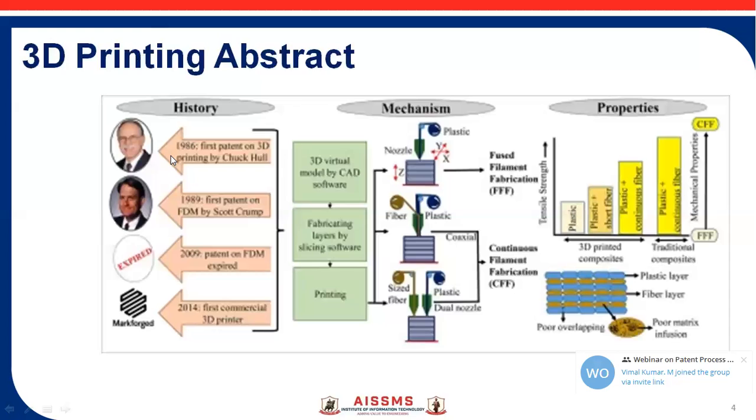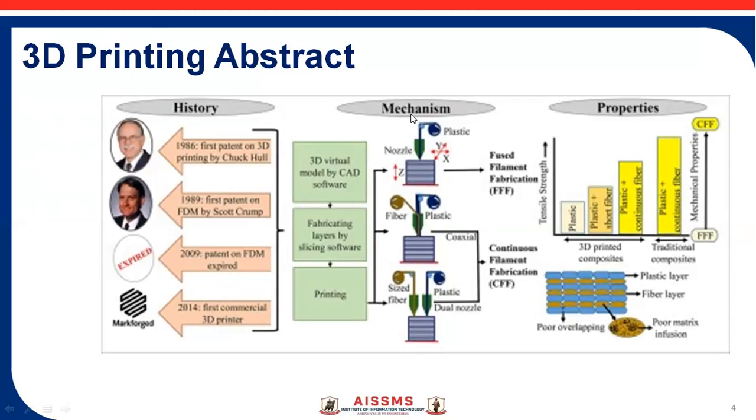This slide shows how the innovation was held in 3D printing technology. In 1986, the first patent of 3D printing was invented by Hull. Then in 1989, the first patent of FDM, fused deposition modeling, was filed by Scott Crump, and in 2009 the patent of FDM expired, and then in 2014 the first commercial 3D printer was introduced in the market.